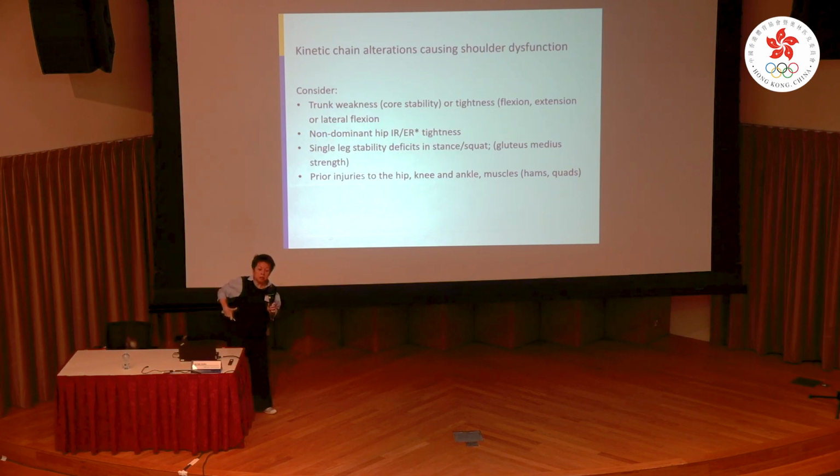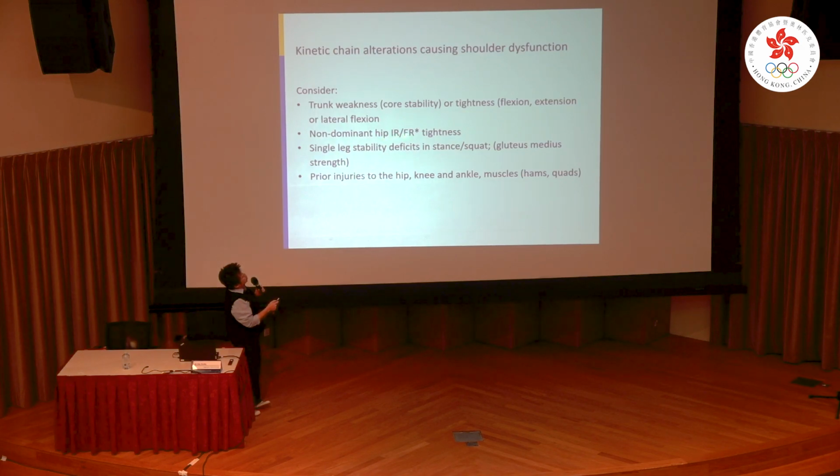This has already limited your movement. So all your shoulder has to do is work further back, harder, to be able to produce the force. Okay, so trunk weakness and trunk tightness may be an issue that you need to consider for your athlete.